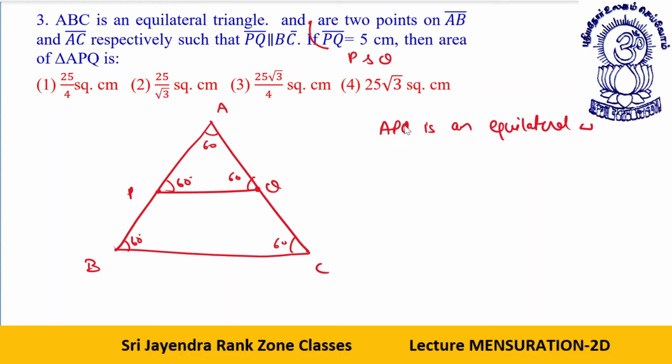Therefore, area of APQ will be root 3 by 4 into side square. What is the side? 5. So that gives me 25 root 3 by 4 as my answer. Okay. Clear, dear students? Shall I move ahead?